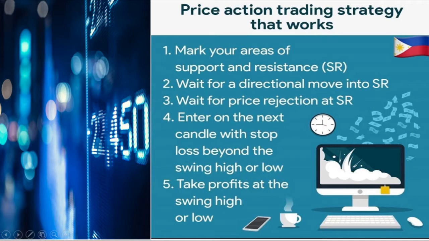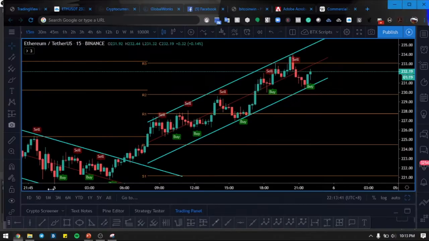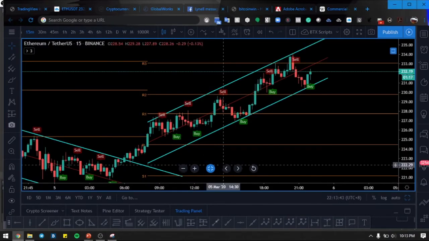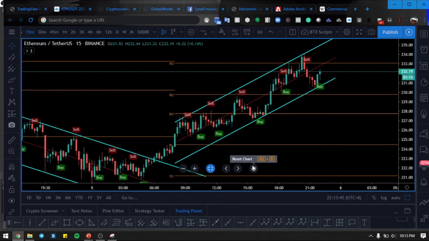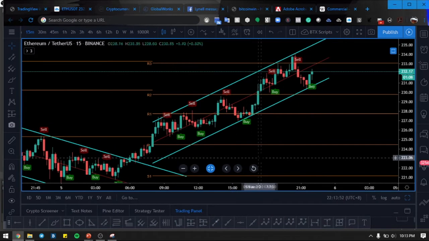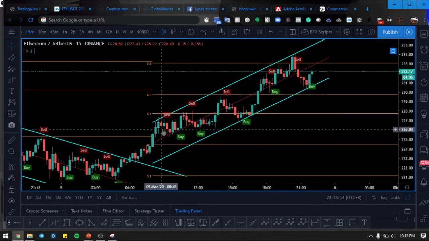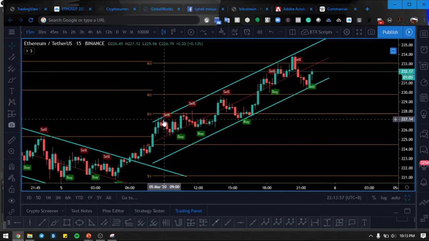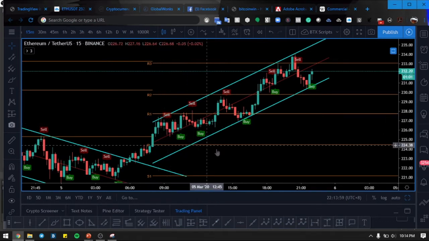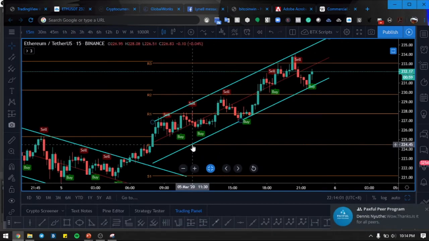To put that into an example, let us look at our TradingView graph right now. For this session, we will be using the ETH graph of TradingView. Here, we already marked our support and resistance using the pivots, and we also created a parallel channel wherein makikita mo na yung ating graph is actually going upwards.